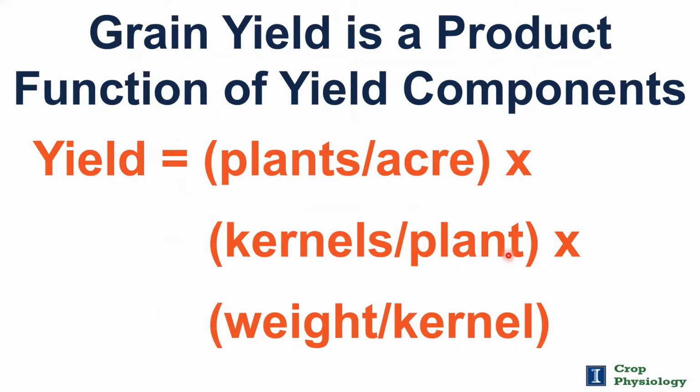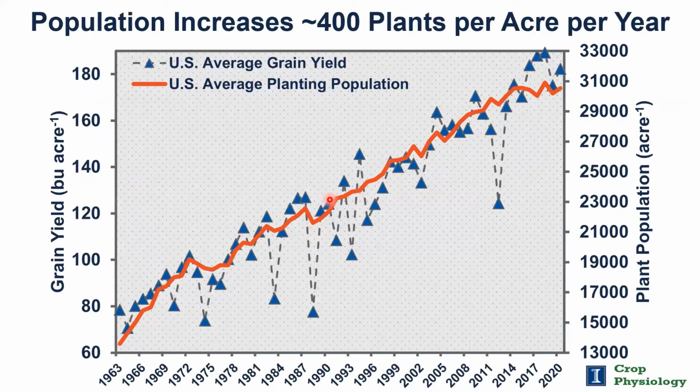These other things are a little bit more affected by the environment, fertility programs, agronomic management, but the one thing that he can decide today is how many plants he's going to put out per acre, and ultimately that sets your yield potential. The number of plants is a governor of overall yield. So if we look at this slide, population has increased a little under 400 plants per acre per year. And it's going to continue to go up if we want yields to go up.